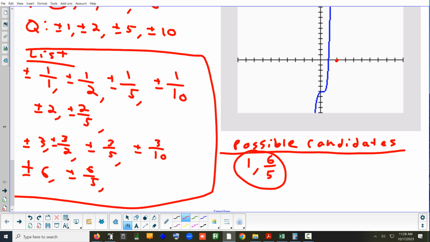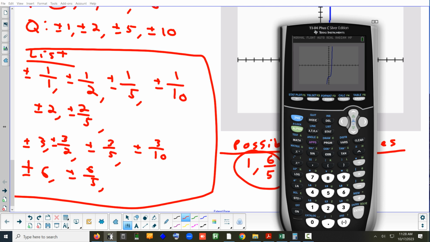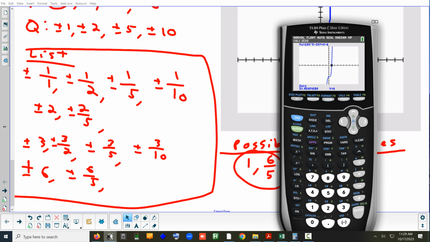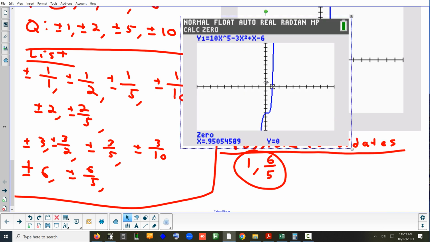All right. So now, let's actually find what it is. Second calc, 0. Pick a point left, right, and then do your guess. And the root comes out to 0.9505.